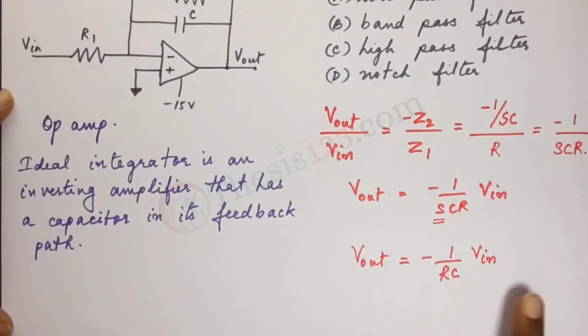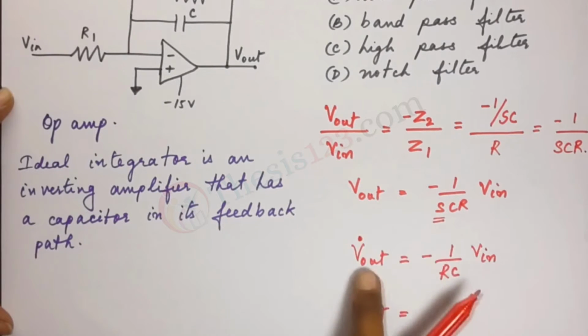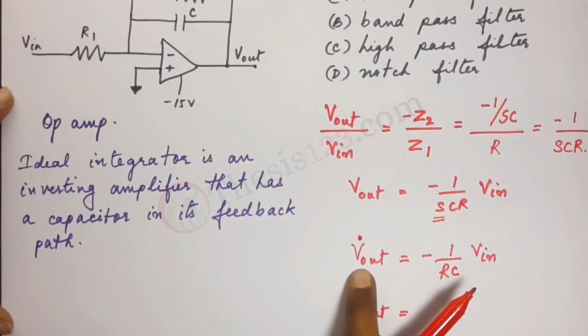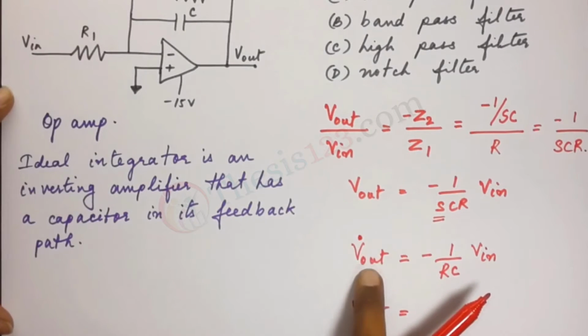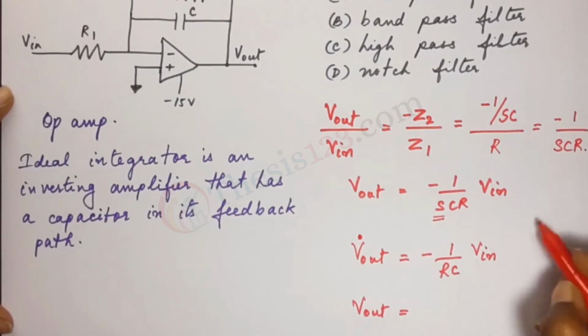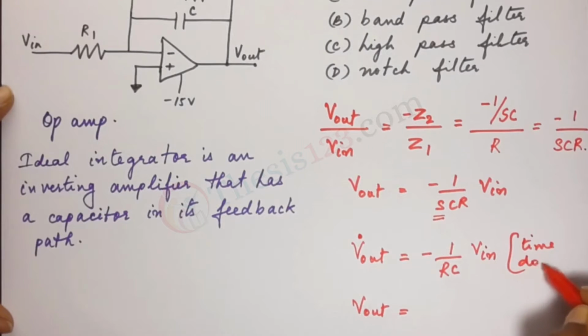Now this is in our time domain. Now if we differentiate, we get V out dot. This is V out dot, so that's a derivative. This equation is a derivative, please keep in mind. So this is in time domain.